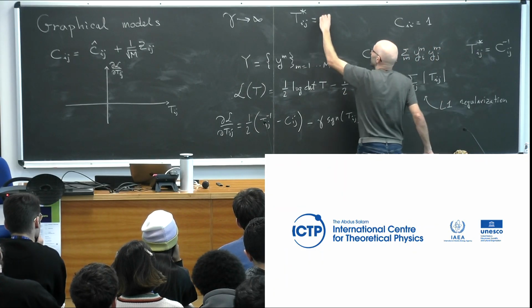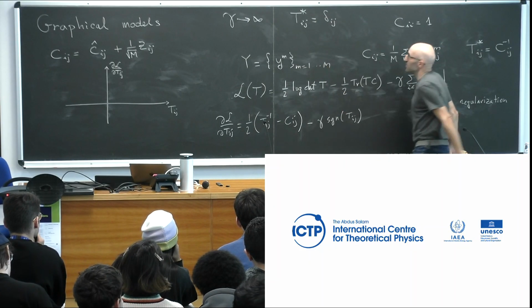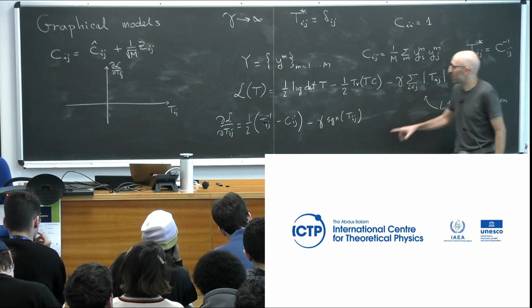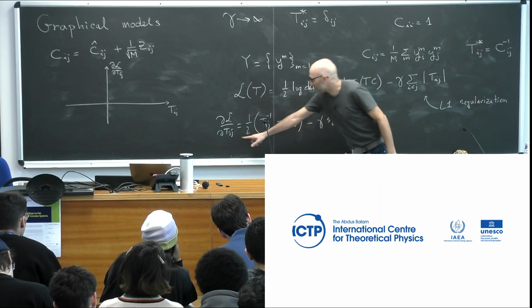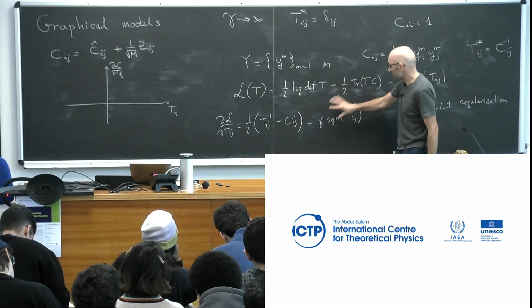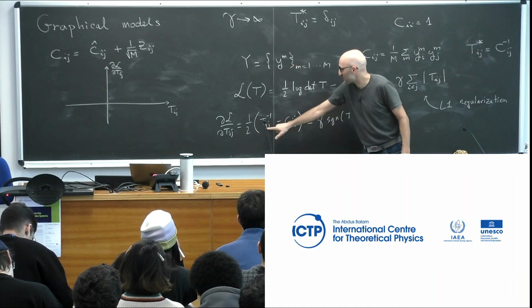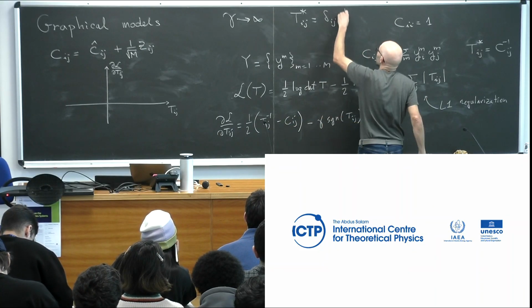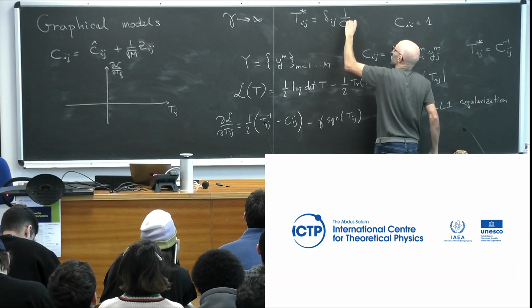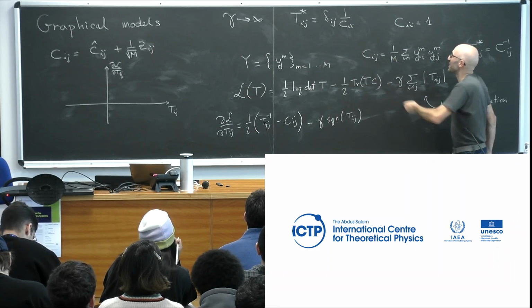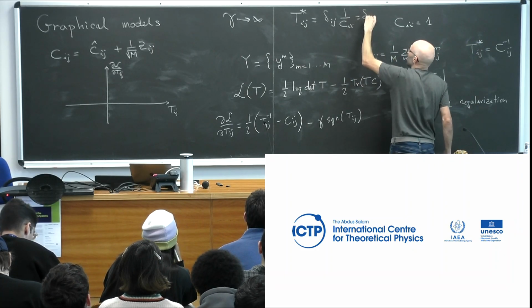So it's going to be delta_ij times the diagonal elements, and the diagonal elements are given by here. When i is equal to j, I don't have this, and here I get just t_ii equal to the inverse of c_ii, which is 1, so this will be delta_ij.